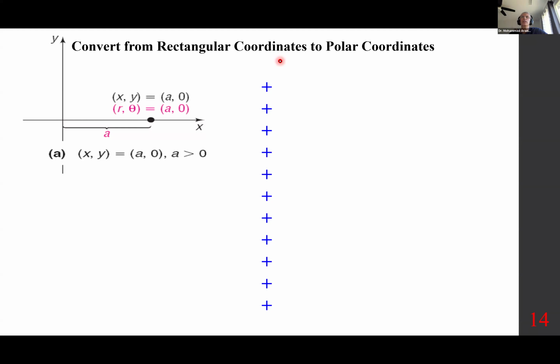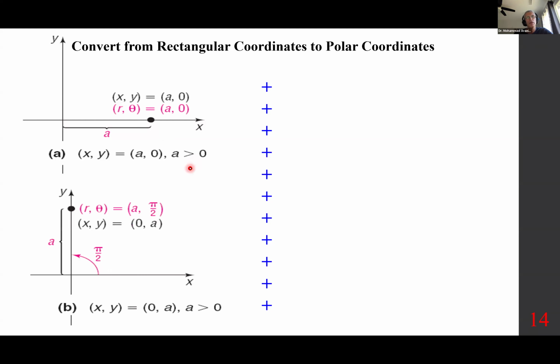We are going to look at some basic ones such as a comma 0 for a rectangular coordinate system. It happens to be the same for polar coordinates because we go with r, the same distance a, and it makes the angle 0 because it's on the x-axis or the polar axis. Of course, we are going with a being positive in all of these cases.